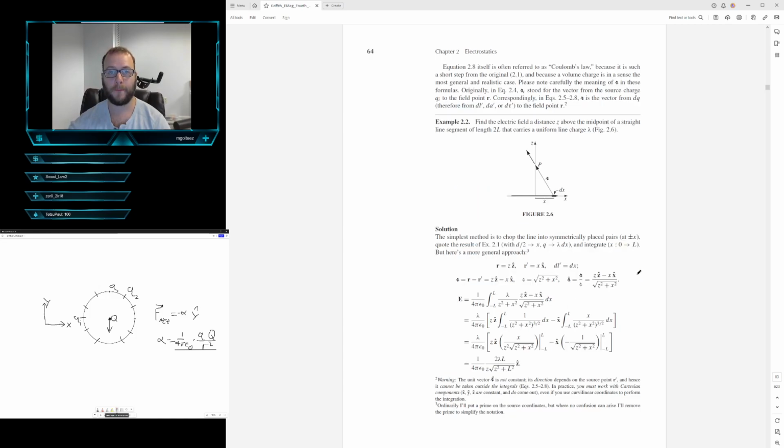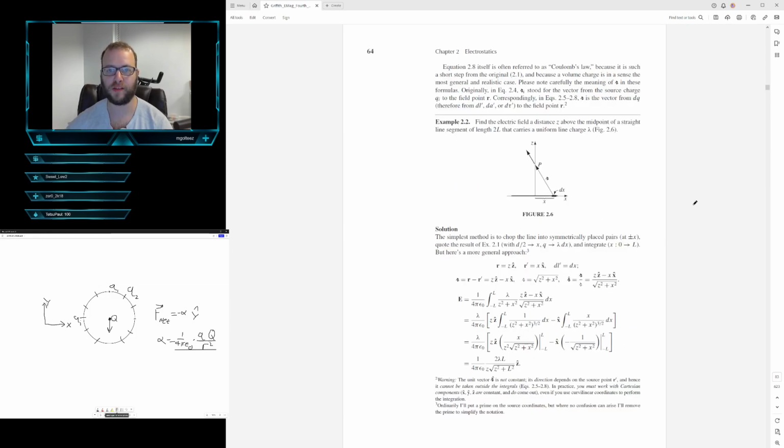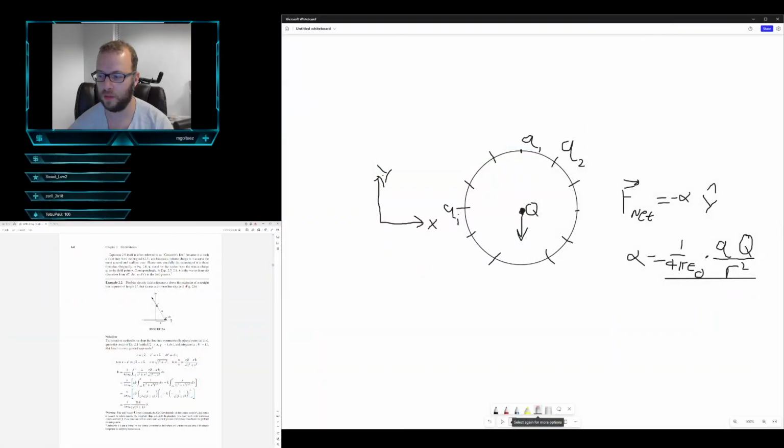So this is the general form of Coulomb's law, where we have electrostatics. So, remember that R is the direction from the source to the test point. So, let's look at our example. And bring this up.